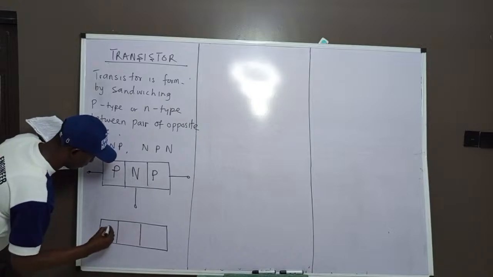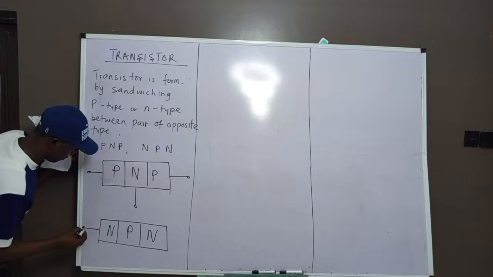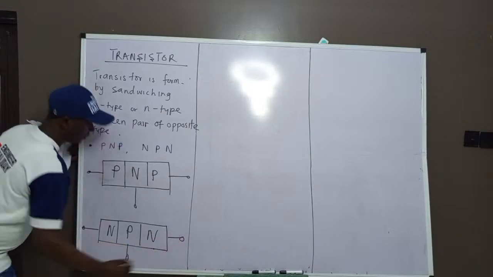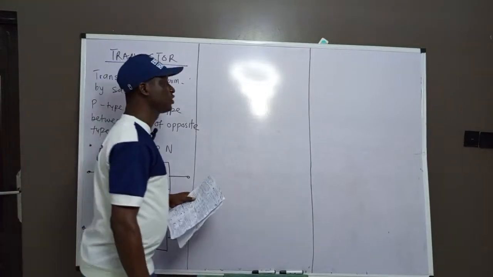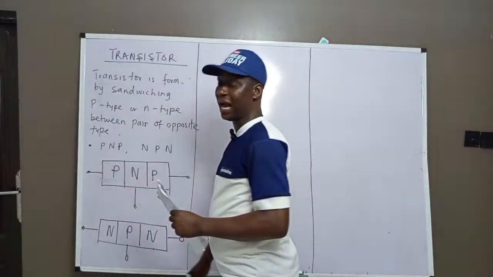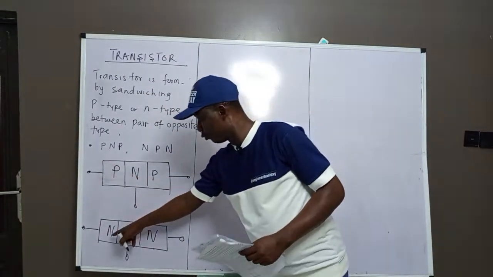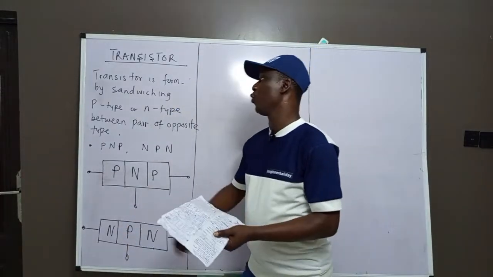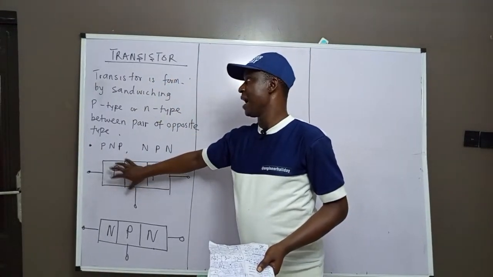Let's call it N, P, N. Now, these are the two types of transistor that we have. We have PNP and we have NPN.